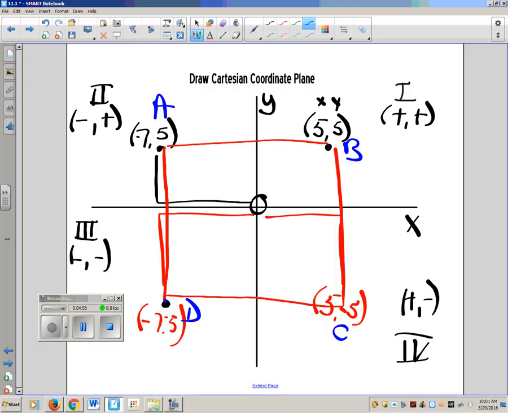It is 12. Good. Write an absolute value equation that shows the distance from D to C.